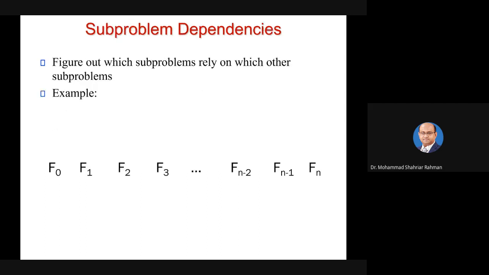So in dynamic programming, when we first get a problem, we need to figure out the sub-problems. Which sub-problems need to be solved first so that we can build up. Figure out which sub-problems rely on which other sub-problems. So for example, in our Fibonacci case, we have F0, then F1, F2, F3, and we move on, Fn minus 1, Fn.